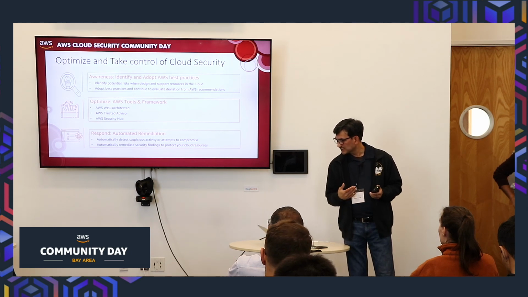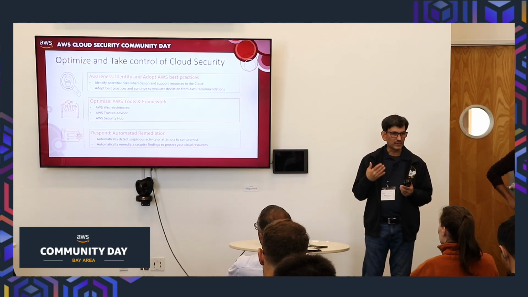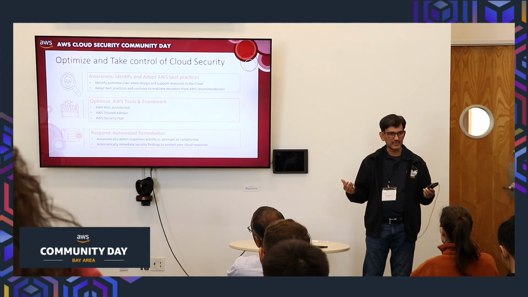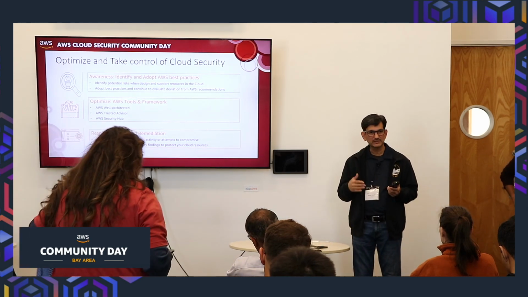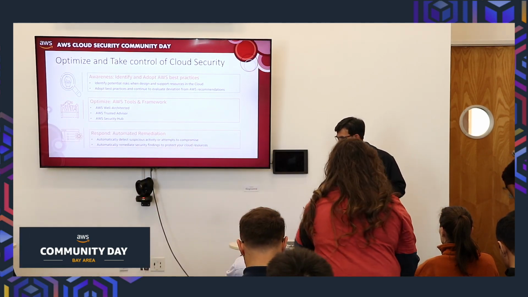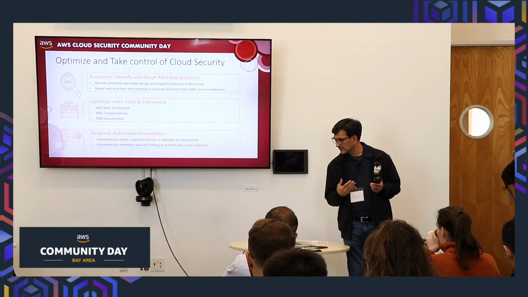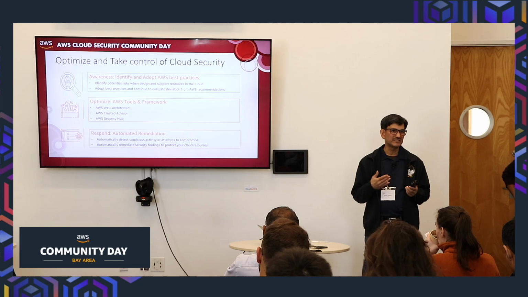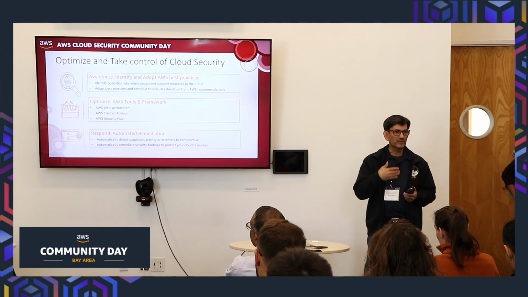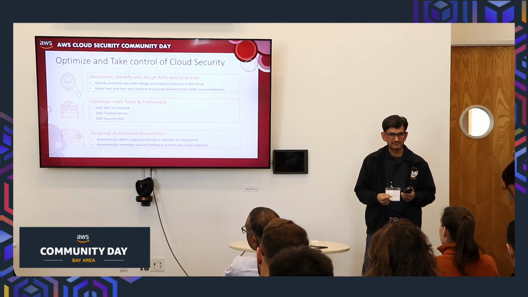While you are identifying those best practice areas and the sections that you have to look at, you continue to evaluate any deviation from the best practices that are available.